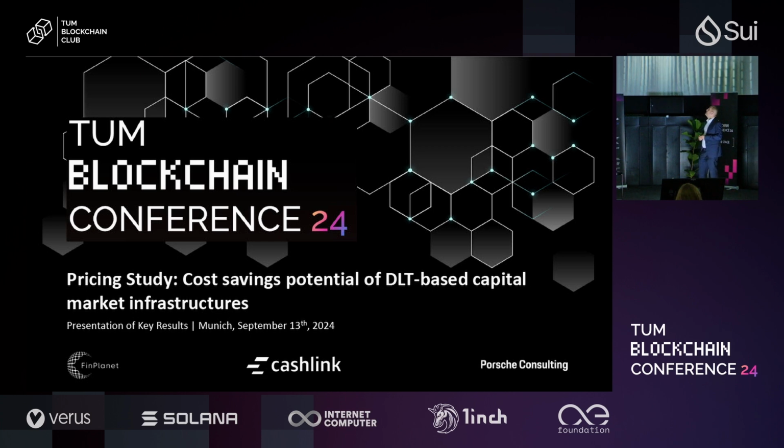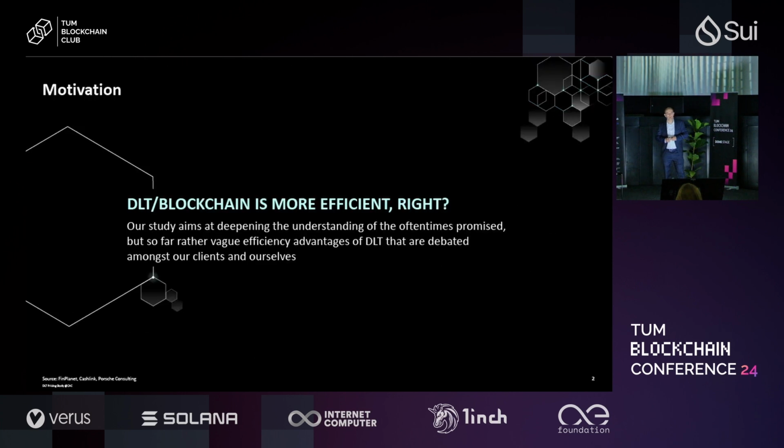All right. So, what was the motivation for doing this study? When we sat together about 18 months ago, we started this pricing study. We kind of contemplated about the fact that everyone's talking about DLT making things more efficient, especially also in terms of the ordinary securities, but no one really could tell us how much.